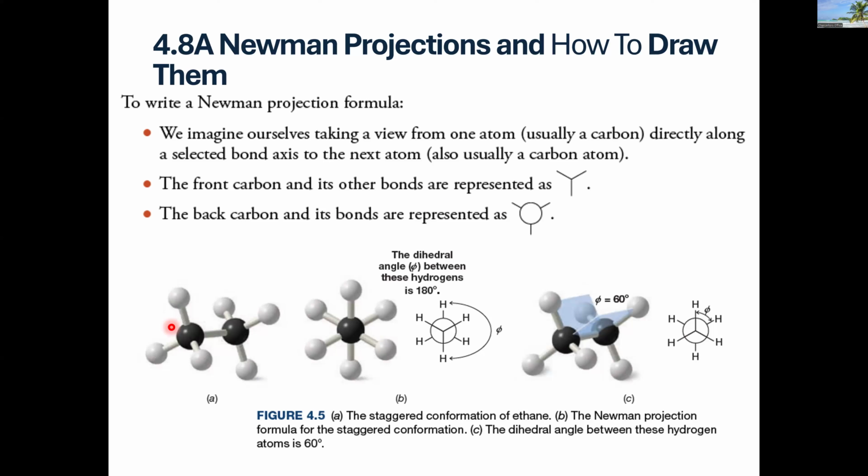This is your front view from here, and you can draw that or make a schematic representation by the Newman projection. So you will have a triangle and then a circle, and then you have your hydrogens. That means that in the first triangle, the three hydrogens are bonded to the first carbon, and in the circle, the three hydrogens are bonded to the other carbon.